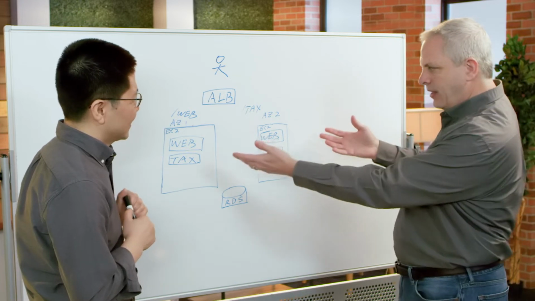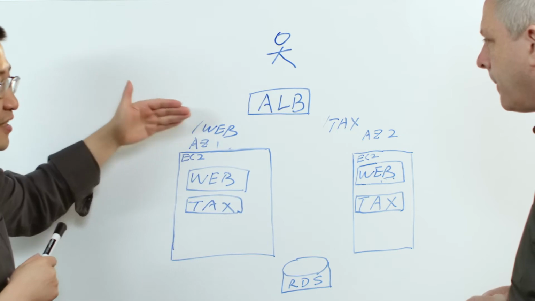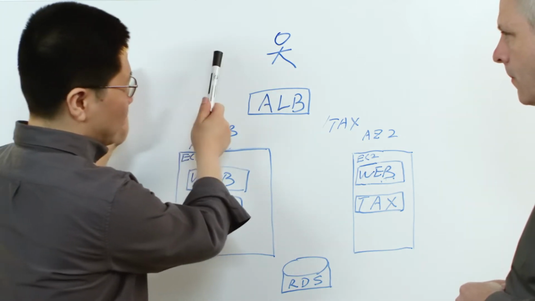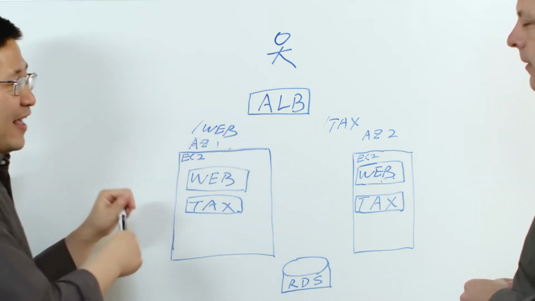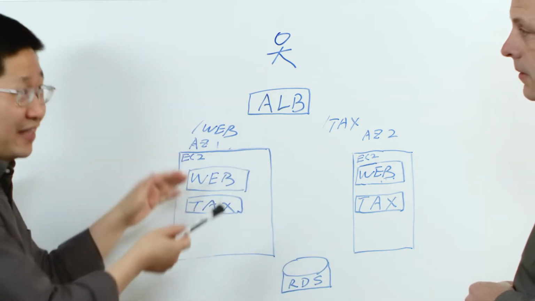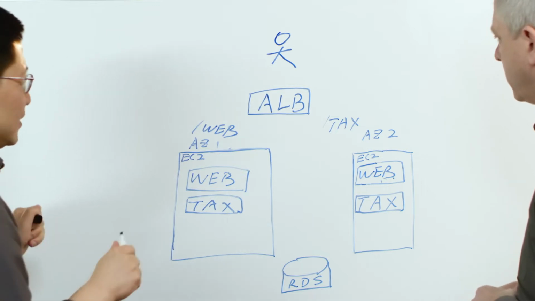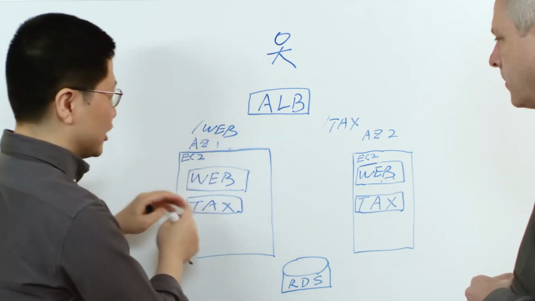Great. So I know you're eager to draw some lines to give us some more information. Lay out the land for us here. Yeah. So the example here is a traditional web application. You have a web server to serve /web for some web pages. And you have, for example, /tax to allow your customers to pay their tax. So property tax, real estate tax, whatever it is. Yeah. So you can package your applications into containers.